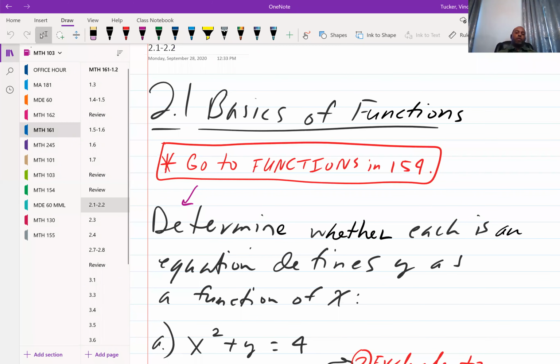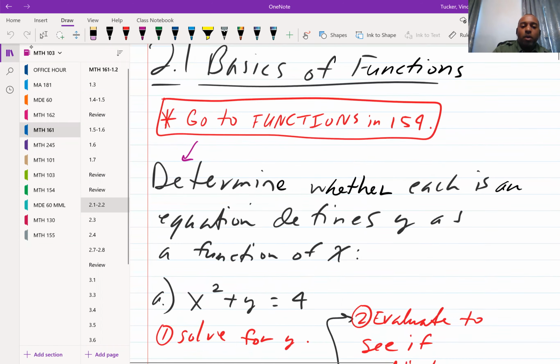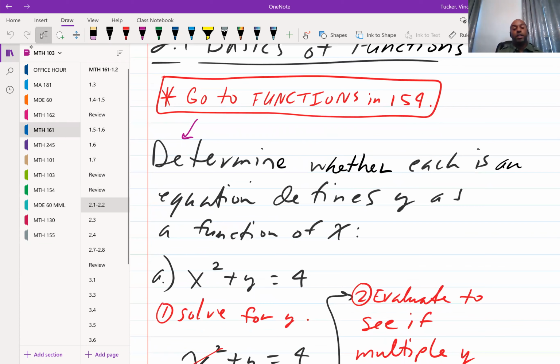So we're back here. We're looking at determine whether each is an equation that defines y as a function of x. So this time we have our function set up. They give us an equation instead of just ordered pairs. Our first equation is x squared plus y equal to 4. So we'll look at the steps on how to determine.